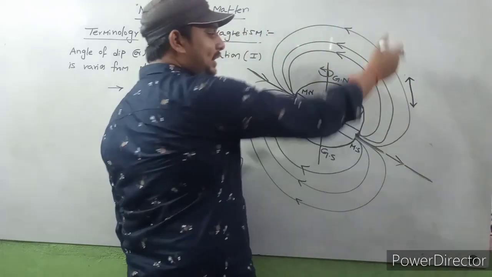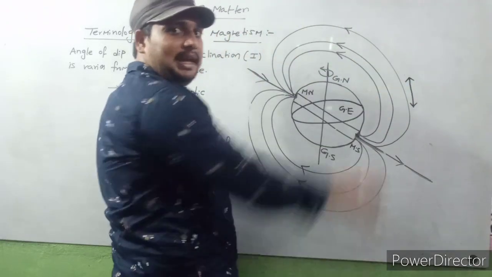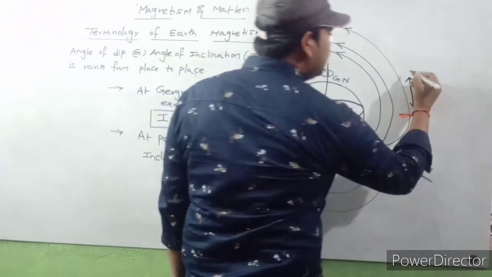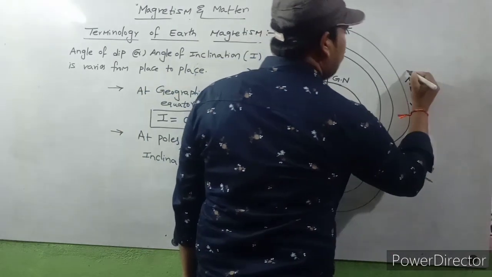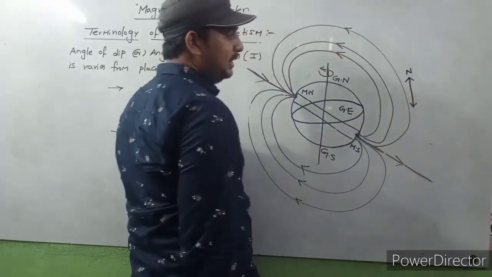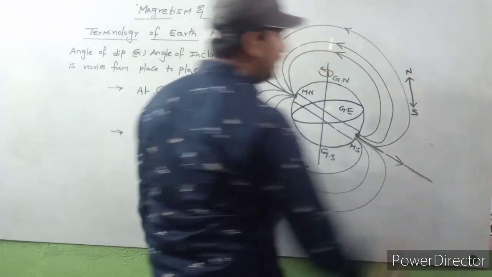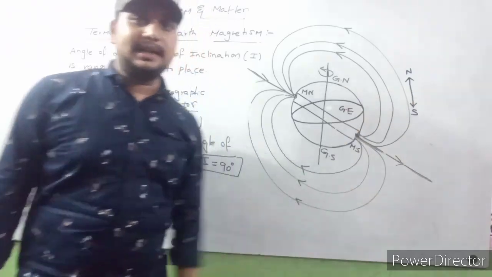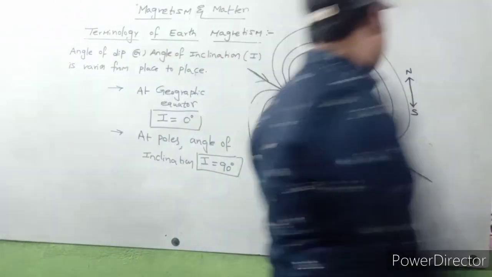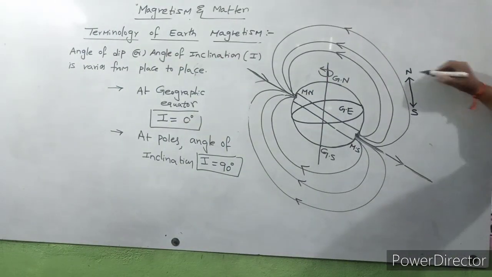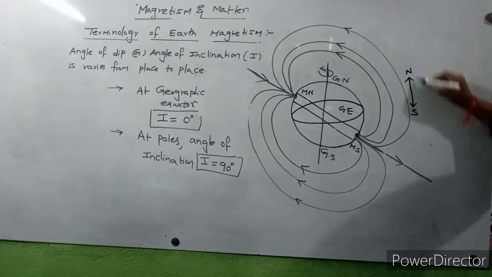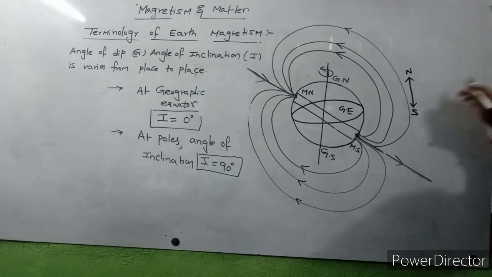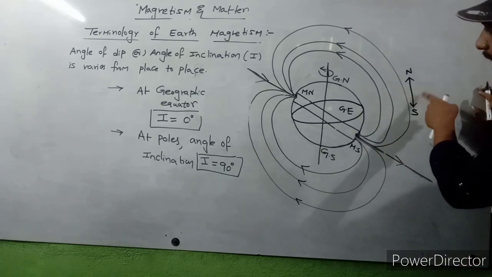If I place the magnetic needle here, it aligns in this direction. If I place it at the equator, it aligns like this.